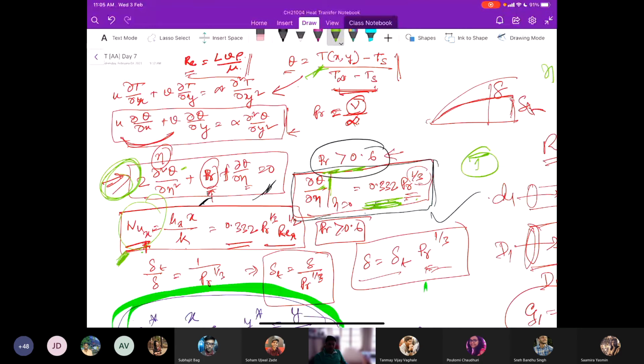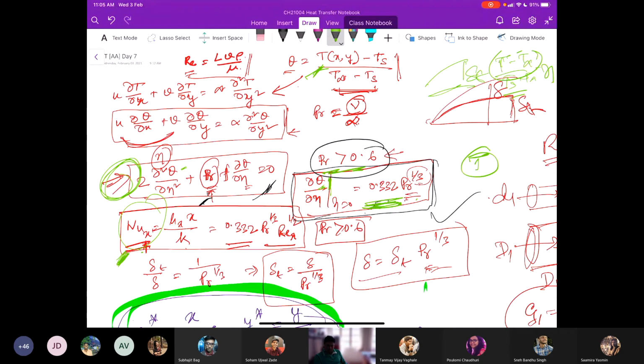The definition of the thermal boundary layer thickness delta T is that when T minus T infinity divided by Ts minus T infinity reaches 99%, basically this ratio becomes 0.99.